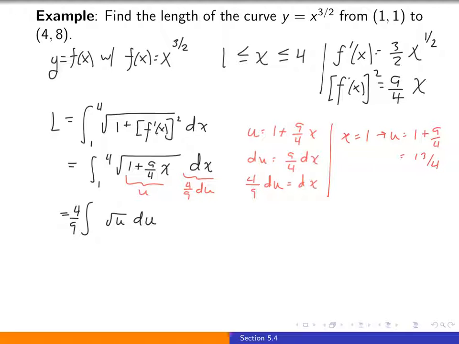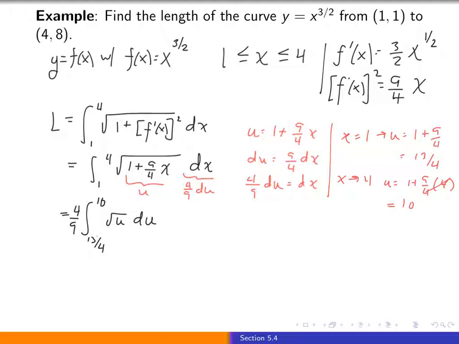So our lower limit of integration is 13/4. For the upper limit of integration, when x is 4, u is equal to 1 plus 9/4 times 4, which is simply 10. So our upper limit of integration is the number 10.